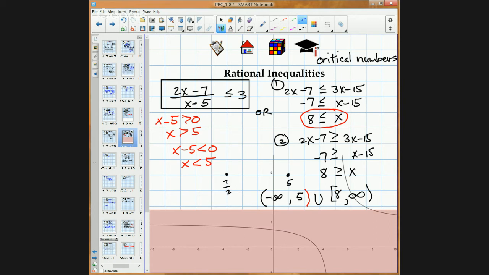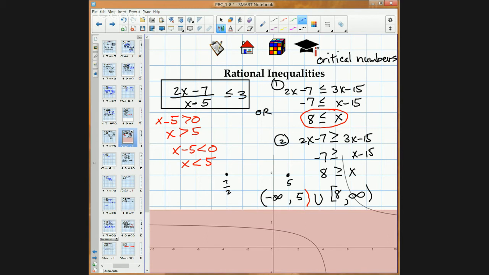Okay, but here's the problem. If x minus 5 is positive, then will we have to flip this sign? This less than or equal to sign? No, when you multiply by a positive, you don't flip anything. But isn't it possible x minus 5 is negative?